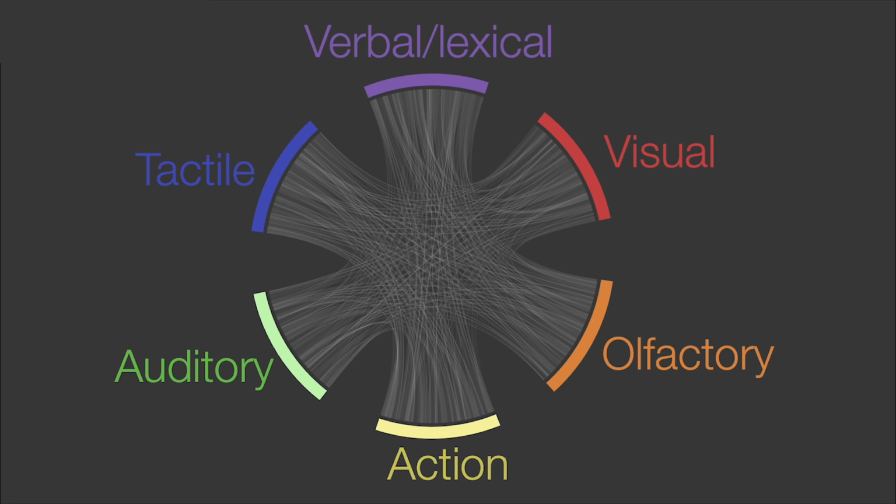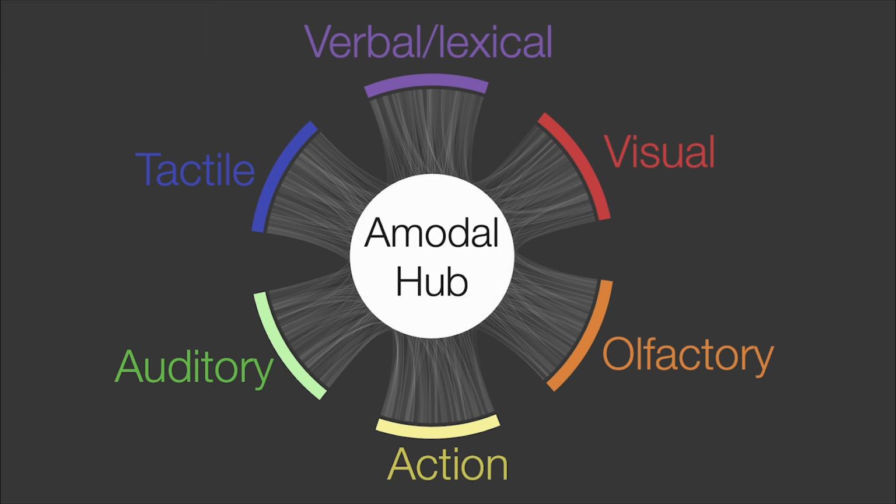But one leading theory is the idea that there is actually, in the midst of this, an amodal or transmodal semantic hub that interfaces between all these modalities. And it would integrate all of these modalities into amodal concepts, amodal meaning no particular modality, just the concept itself.